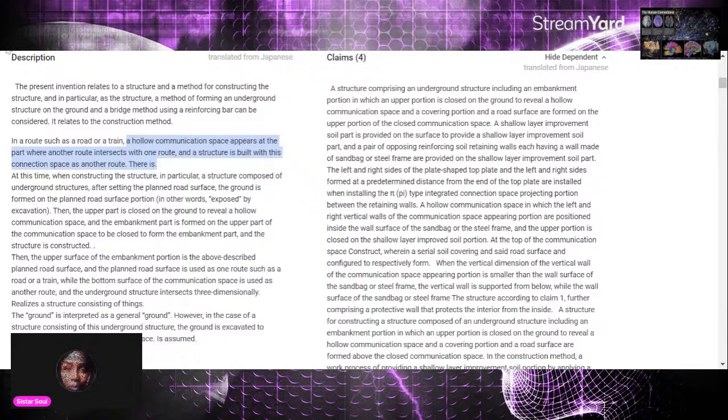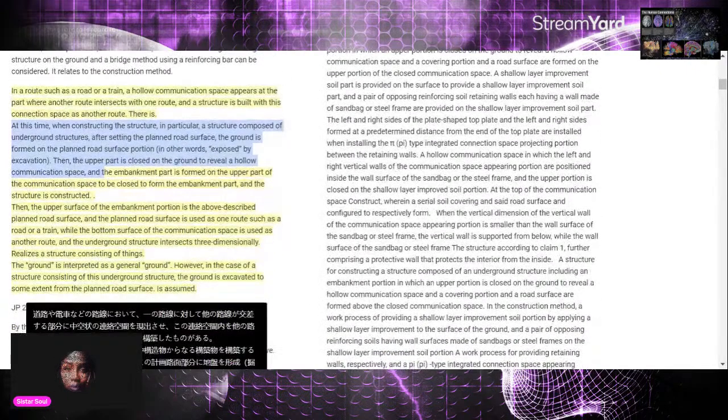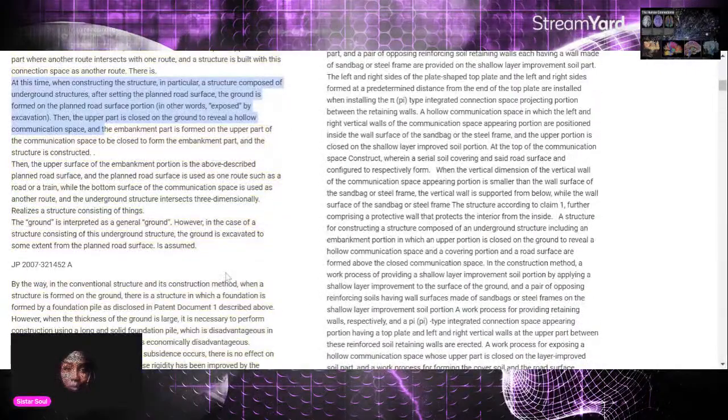At this time, when constructing the structure, in particular, a structure composed of underground structures, even setting the planned road surface. Remember, they're talking about that hollow space, right? In other words, exposed by excavation.